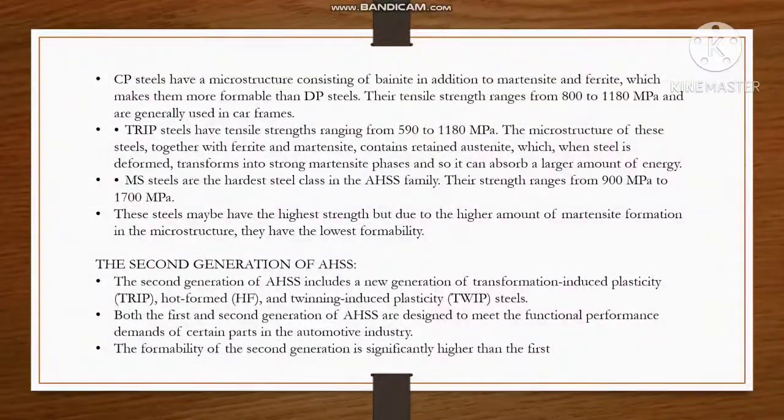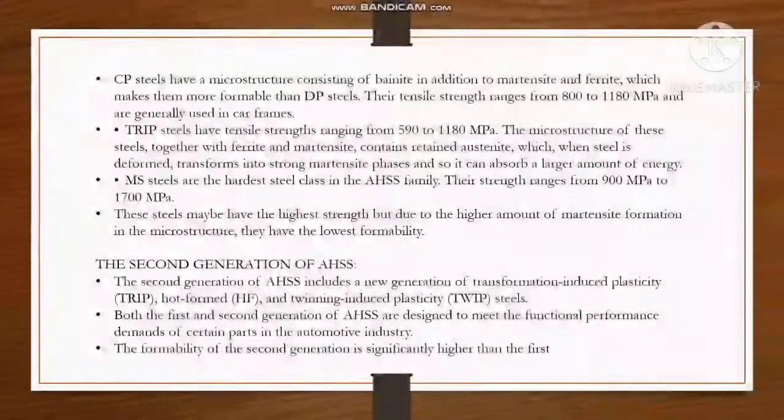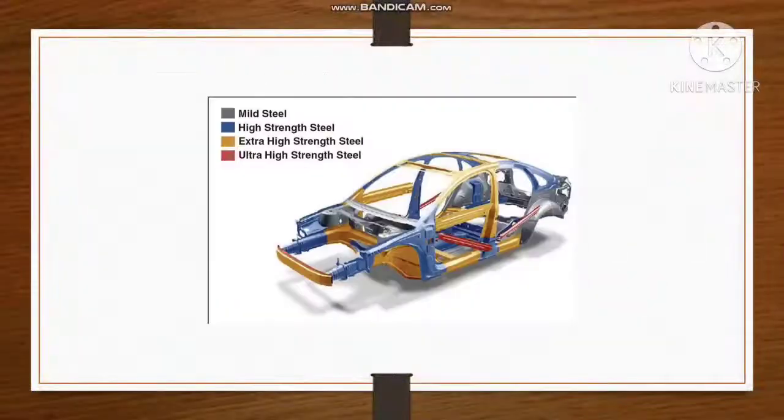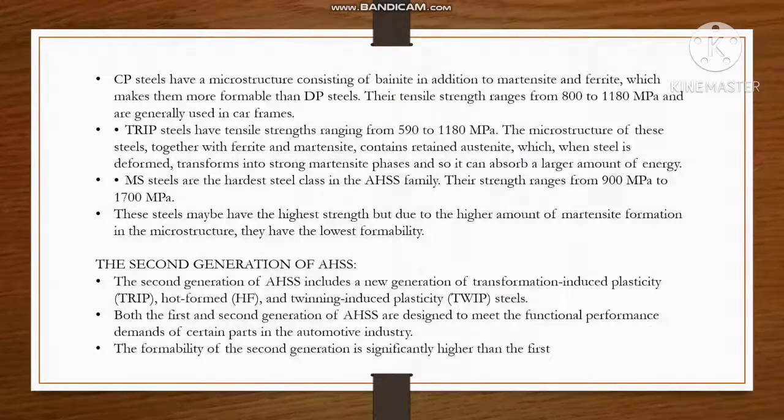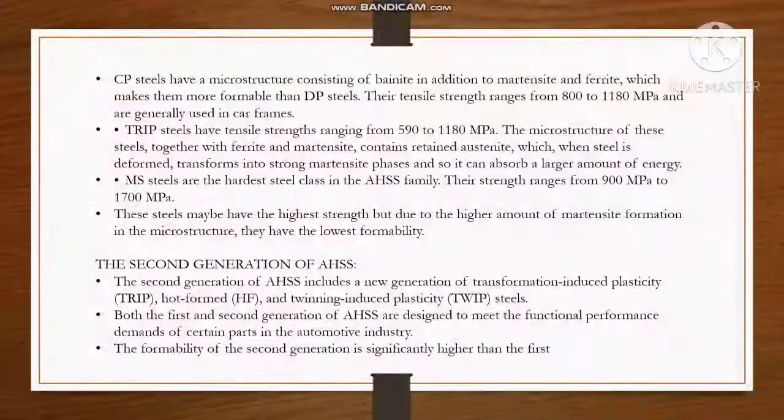Their tensile strength ranges from 800 to 1180 MPa and they are generally used in car frames like this. What are the TRIPs? TRIP steels have tensile strength ranging from 590 to 1180 MPa.